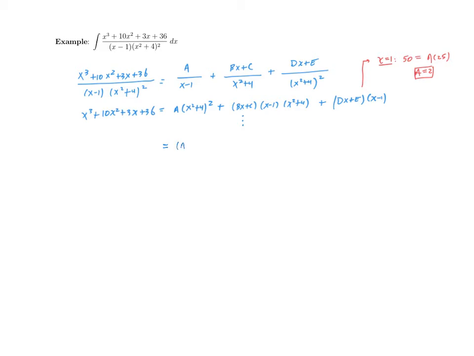But in this case, when you group everything together, you'll have (a plus b) times x to the fourth, (c minus b) x cubed, then the next term is (8a plus 4b minus c plus d) times x squared, plus (minus 4b plus 4c minus d plus e) times x, and then the final constant term is 16a minus 4c minus e.